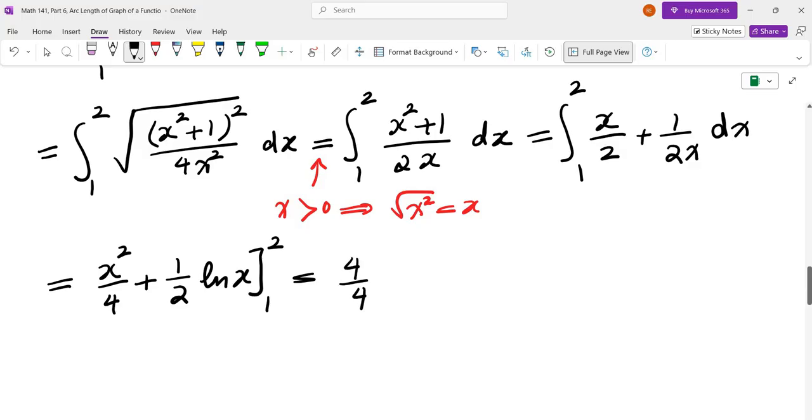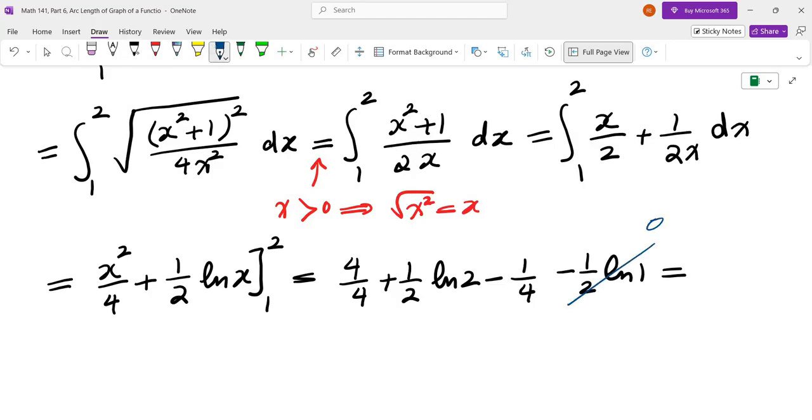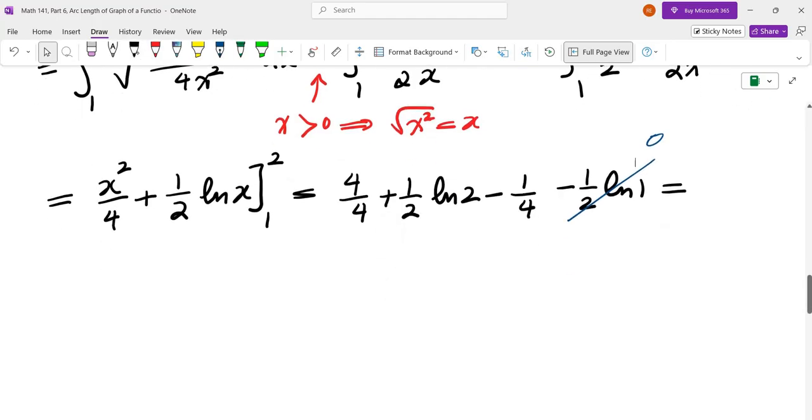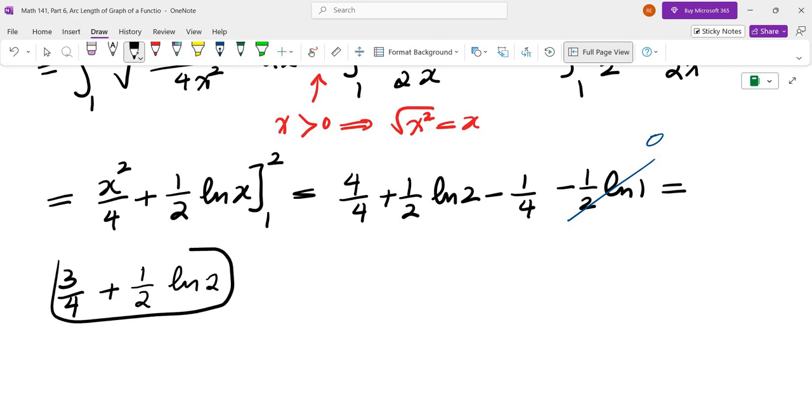We get 4 over 4 plus 1/2 natural log of 2 minus 1 over 4 minus 1/2 natural log of 1. Well, this one is 0. 4 over 4 minus 1 over 4 is 3/4, and then plus 1/2 natural log of 2. So that is the answer to the problem.